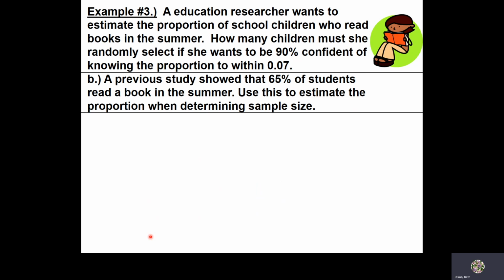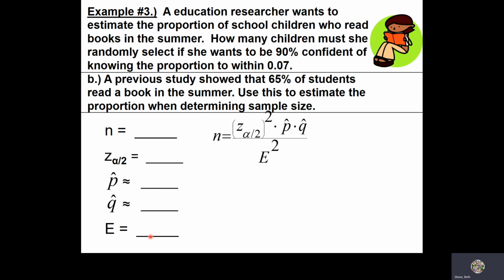Now let's look at the B part, which says a previous study showed that 65% of the students read a book in the summer. So we will list our n, our z, our p, our q, and our e. n is what we're looking for. Our z, we're still at 90%, so that's still 1.645.